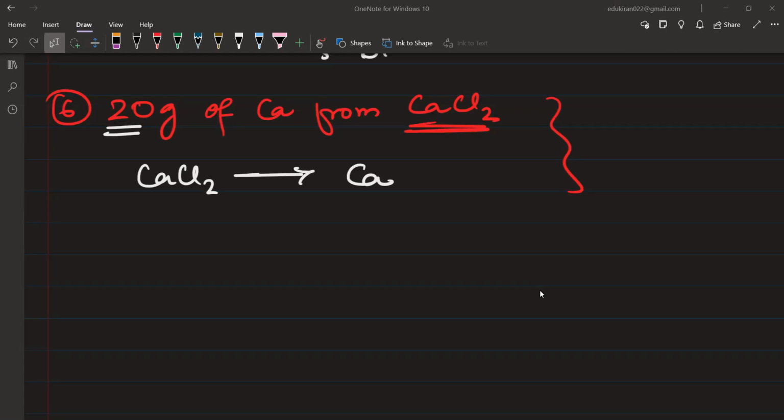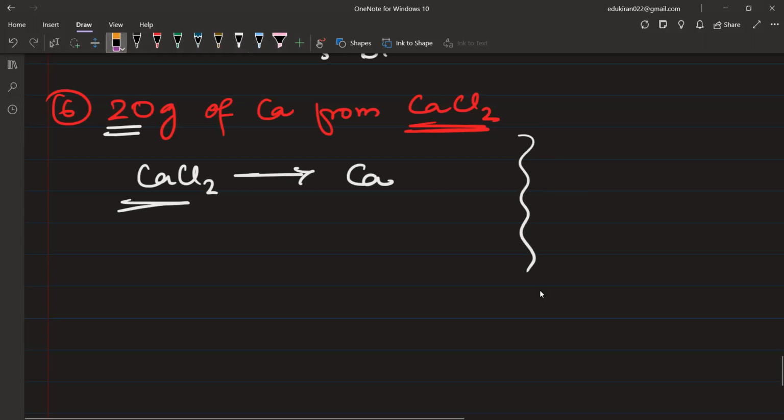See, guys, what is the oxidation state? Those who have not sent the answer, did you get the oxidation state of calcium here? Send the answer if you have got the oxidation state of calcium.